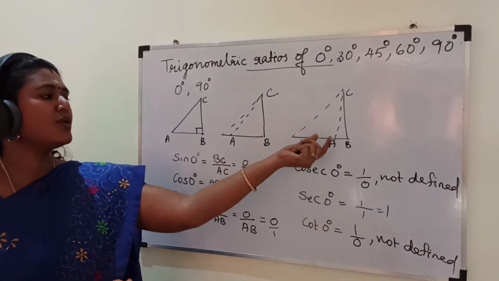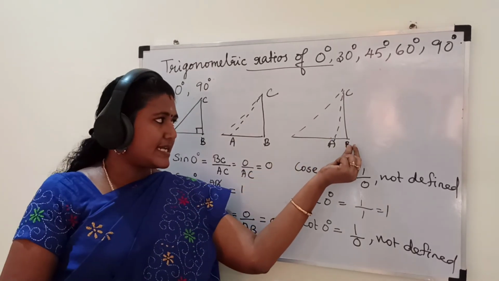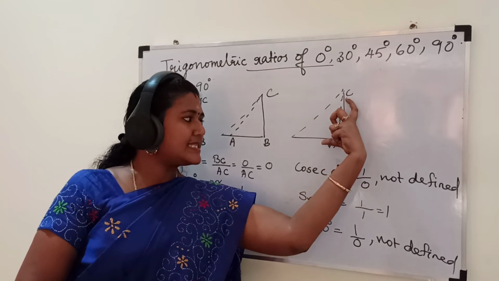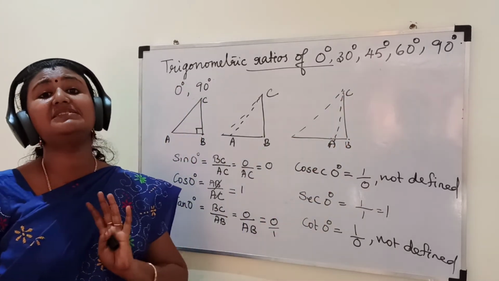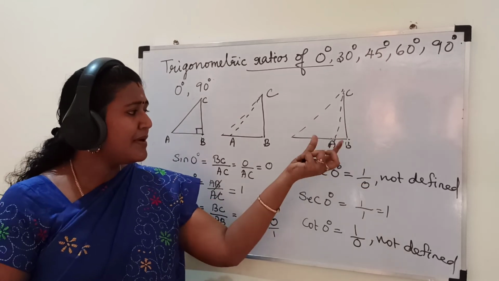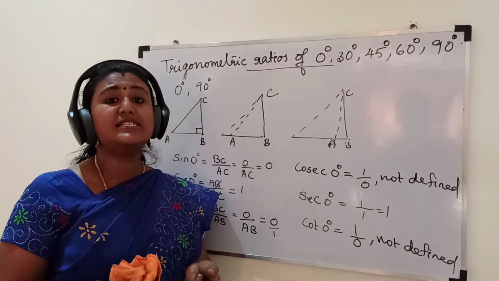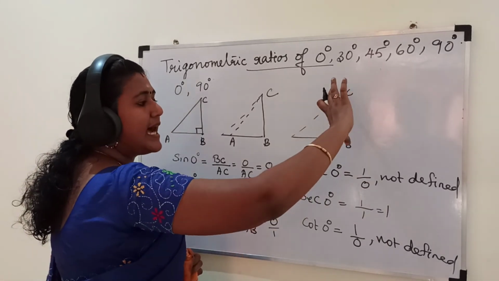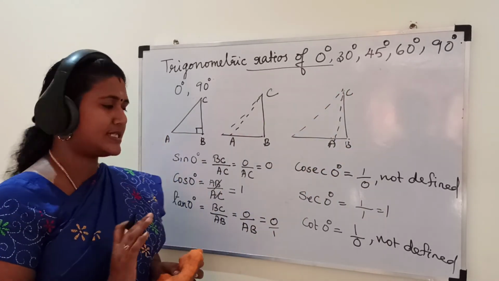The sides AC and BC become the same, and AB becomes 0.